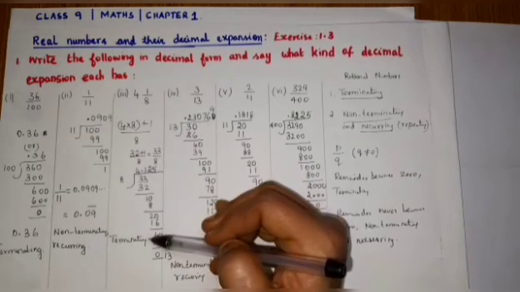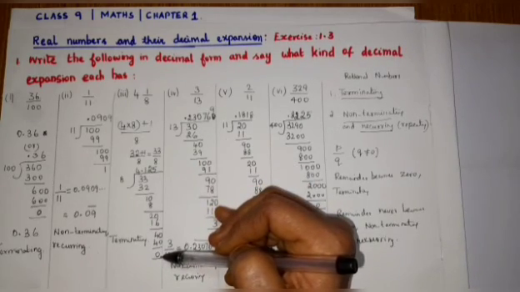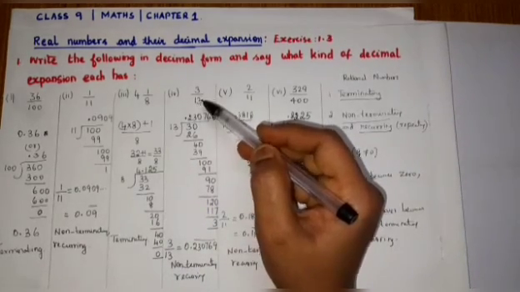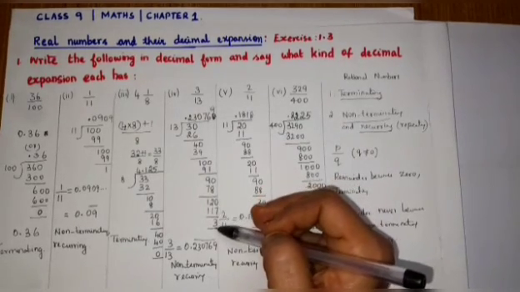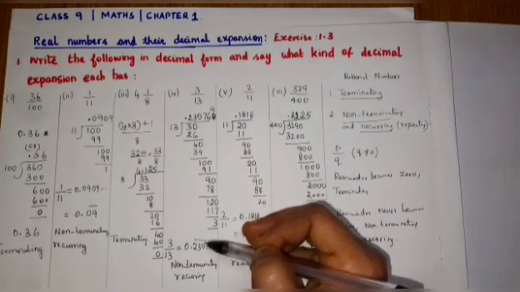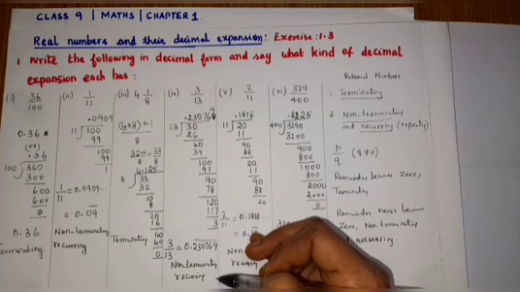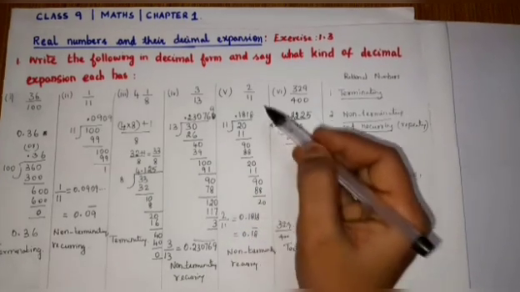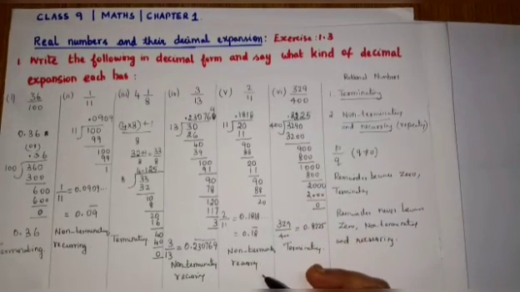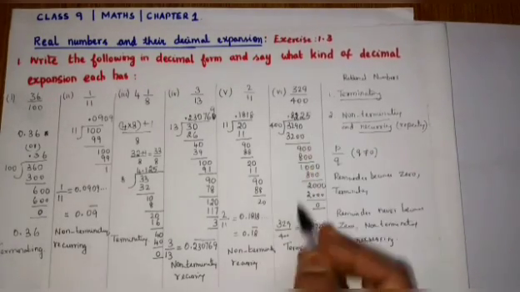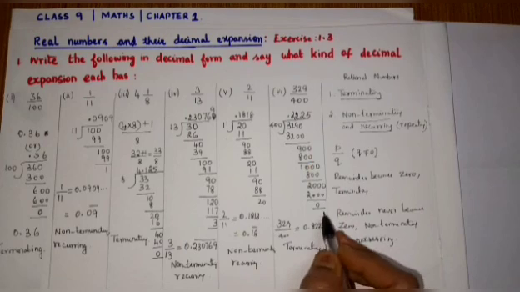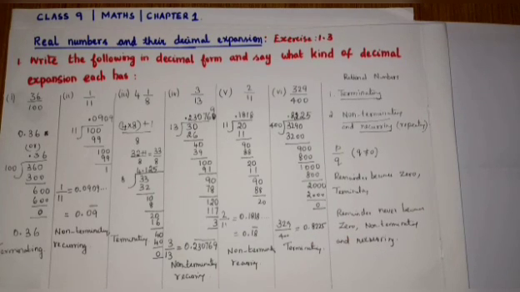And the third number is terminating, since the remainder becomes 0. For the fourth number the remainder never becomes 0. This block of numbers repeats itself. Therefore this is said to be non-terminating recurring. The fifth number is non-terminating recurring, same thing. And the sixth number is terminating, since the remainder becomes 0. This is the answer for this question.